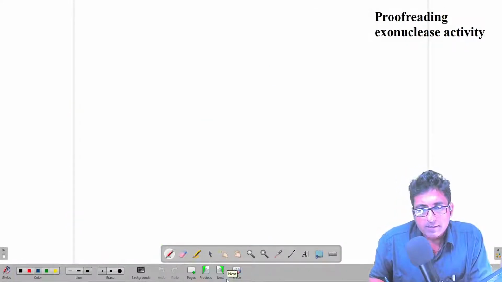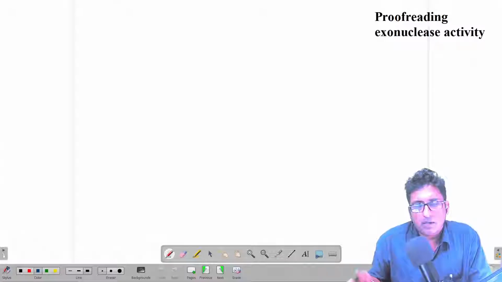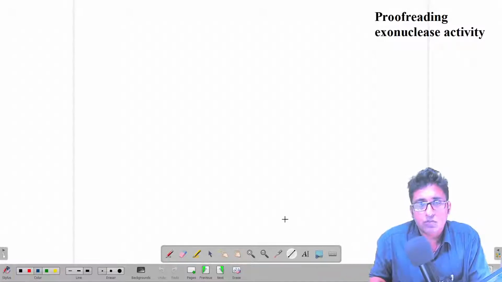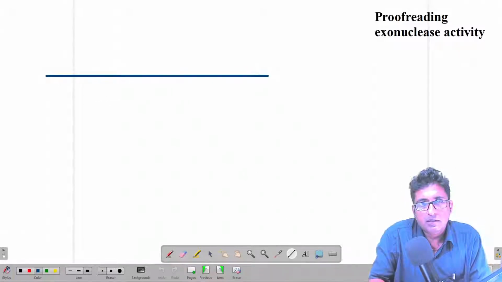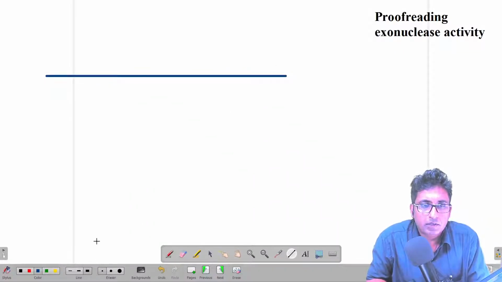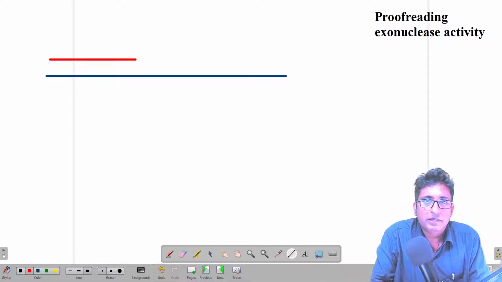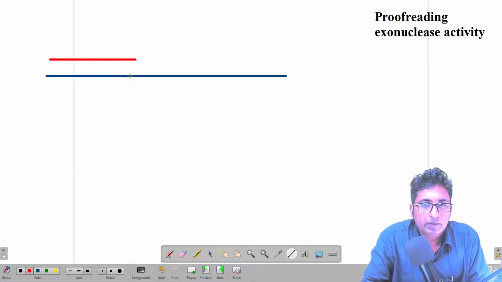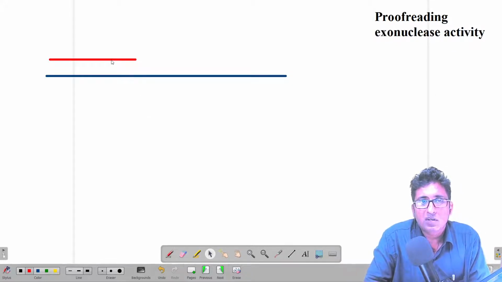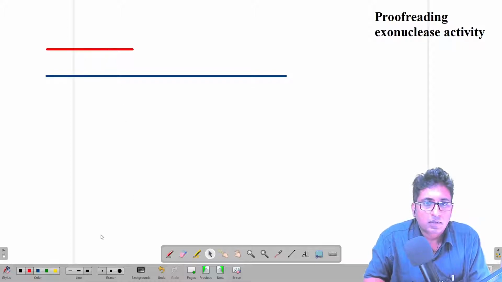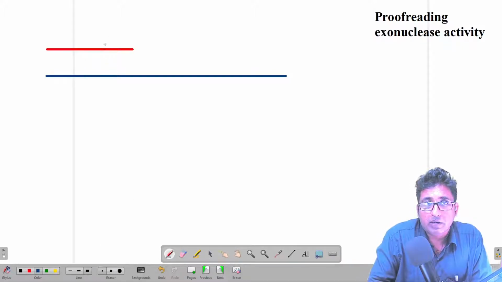The next one, as I said before, although there are a lot of mechanisms to proofread or to ensure that only the correct bases are coming, there is always a possibility of a wrong base being added. And then what does DNA polymerase do? As I said, the speed is very high.